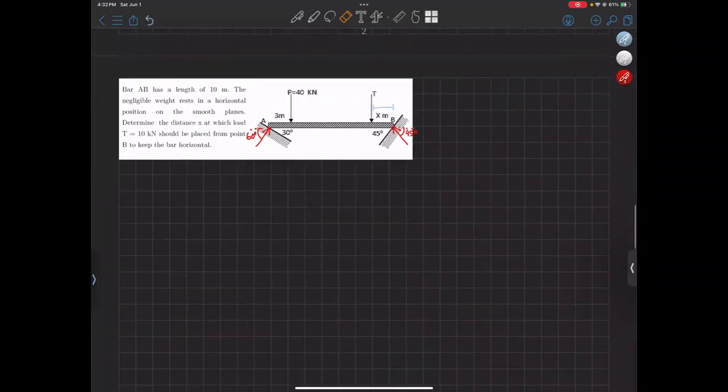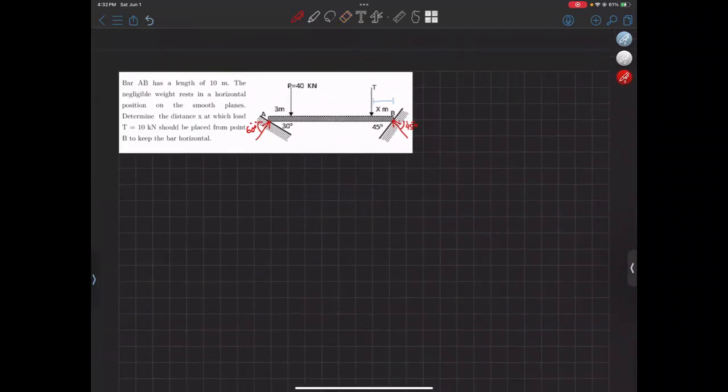Now we can put it all together. Let's call this reaction A because it's around point A, and reaction B. We have reaction A, and then we have this one going down, P, which is 40 kilonewtons going down.